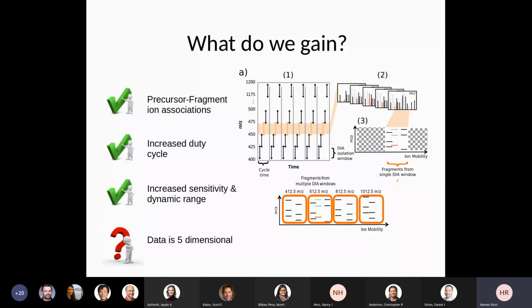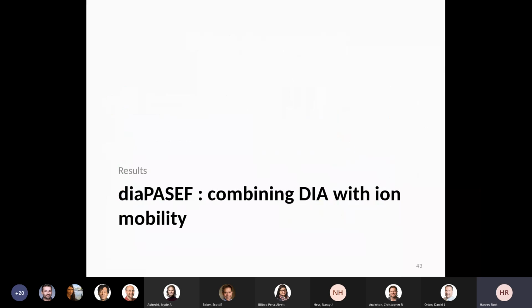And so the question then became, well, how do we deal with this 5-dimensional data? And here I'm showing you the results from one study where I'm showing you how we actually approached this problem in practice, using a case study of looking at HeLa cell lysate.